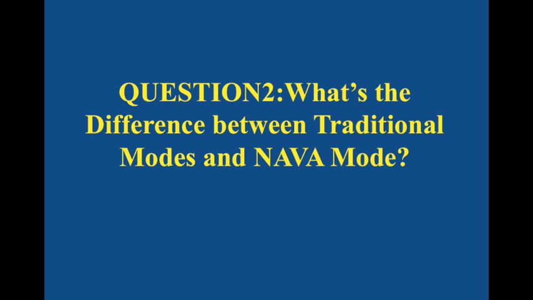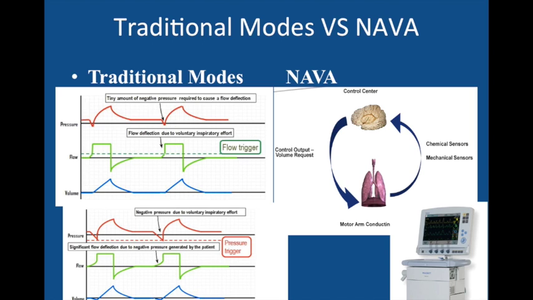My second question is, what is the difference between the traditional mode and the NAVA mode? In my opinion, the biggest difference is the trigger. The traditional mode uses pressure drop or flow reversal to provide assistance to the patient. The patient has to provide a force to produce the flow and pressure drop, and then they can trigger the ventilator to give them support.